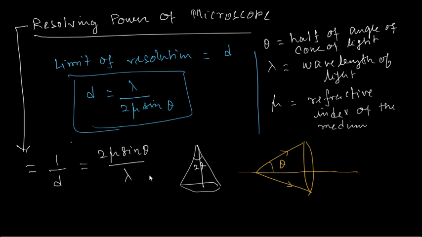Clear? Right. So this is called the resolving power of a microscope, given by 1 by the limit of resolution, that is 2 mu sin theta divided by lambda.